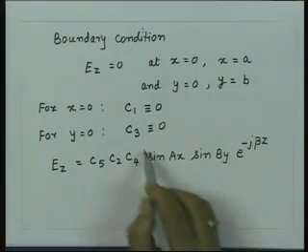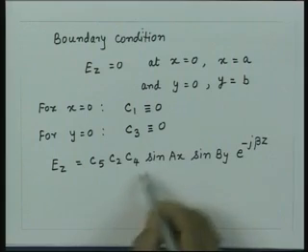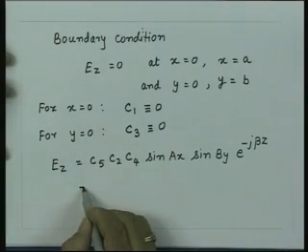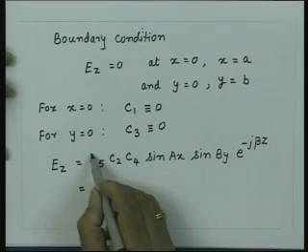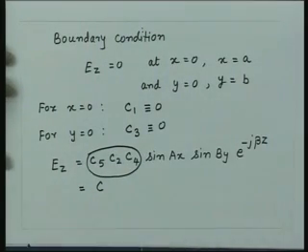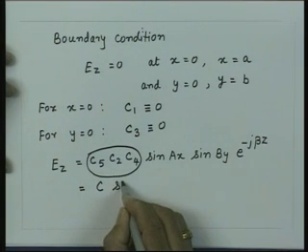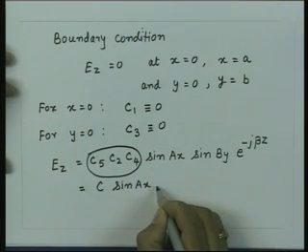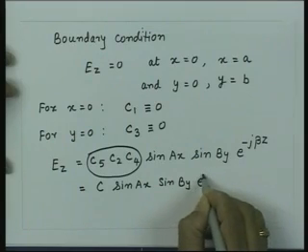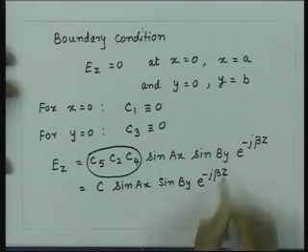Now, these are arbitrary constants, so we just combine them into one. This is just telling me the amplitude. So, let me call this combined quantity some c, into sin of Ax, sin of By e to the power minus j beta z.